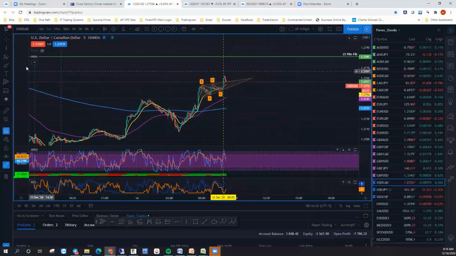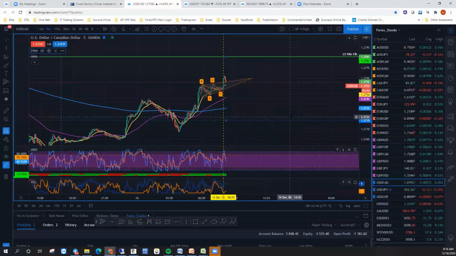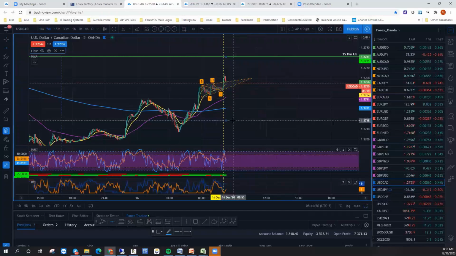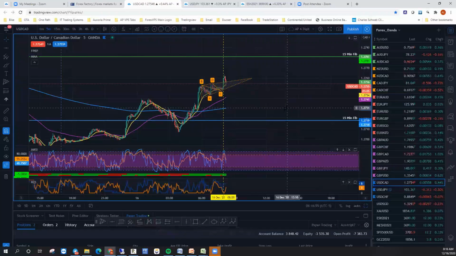Let's swoop this down and go see where our fib lines are. Let's go with the 15. Find out where the 15s are. Here's our 15-minute there. Here's a 15-minute right here. 2-minute blue.